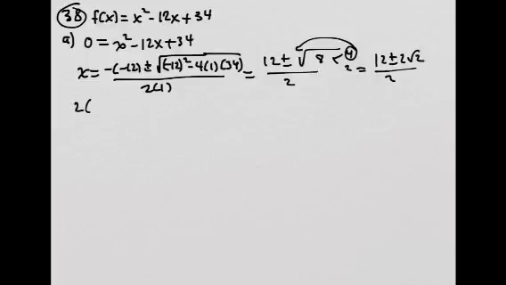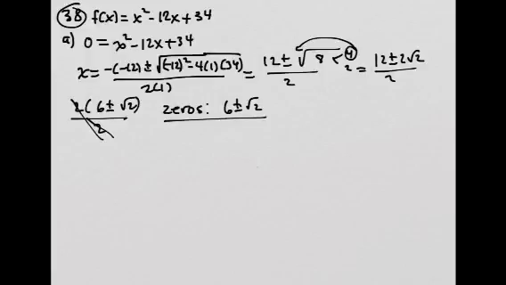We factor out a 2. So now I can cancel the 2's right there. So the zeros are 6 plus or minus radical 2. Okay. For part B, they want you to write it as a product of linear factors.